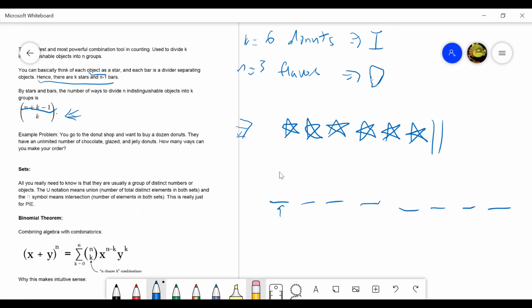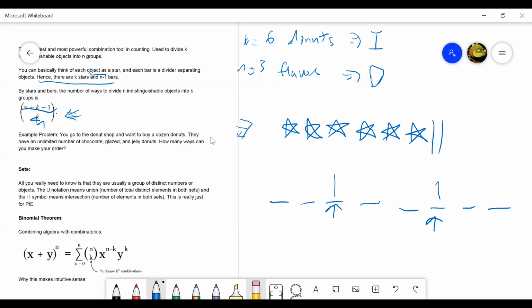What this expression describes is that from these 8 places, you're choosing k places. Let's say we're choosing that one and this one. Then we can assume that these places are meant for the 2 bars.